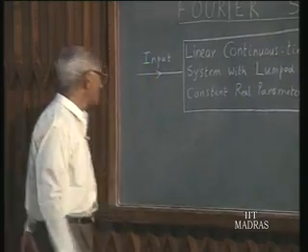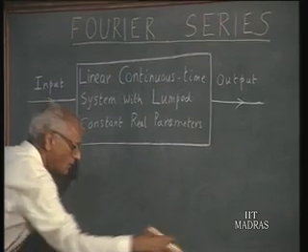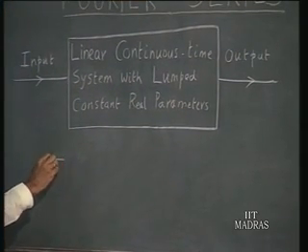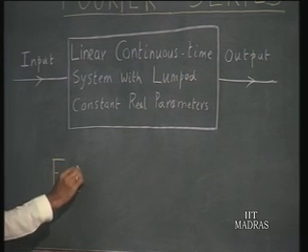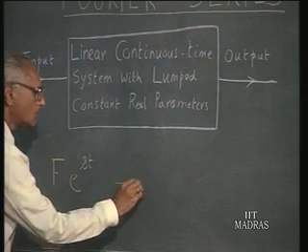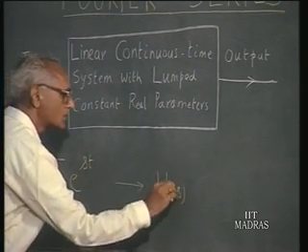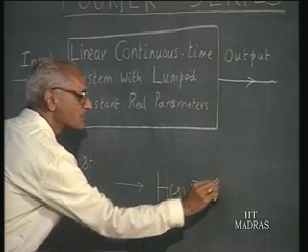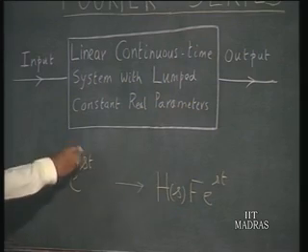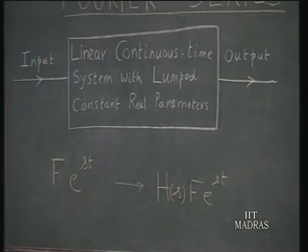If indeed you have an input which is of the form F e to the power of st, then the output will be H(s) F e to the power of st. That means the input and output essentially have the same time functions, except that you have a proportionality function H(s).